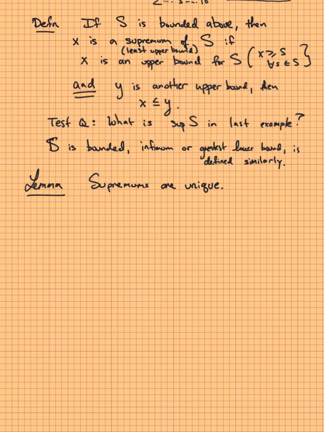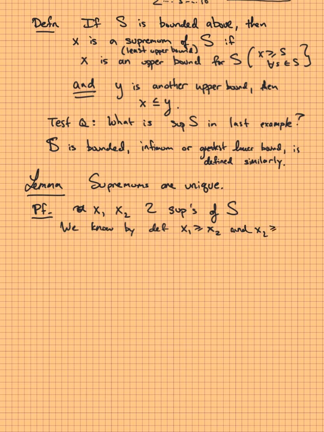So supremums are unique, so there can't be 2 least upper bounds. The proof is straightforward. Suppose we have x1 and x2 be 2 supremums of S. Then we know by definition that x1 has to be greater than or equal to x2, since x2 is a supremum, and x2 is greater than or equal to x1, since x1 is a supremum.